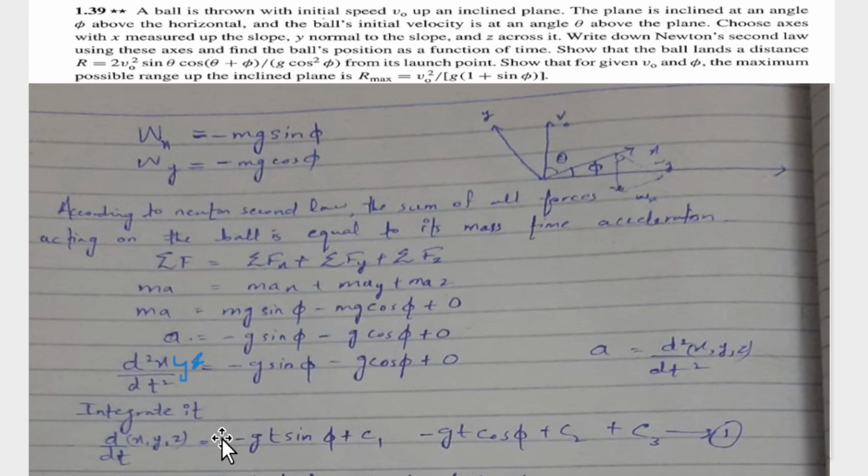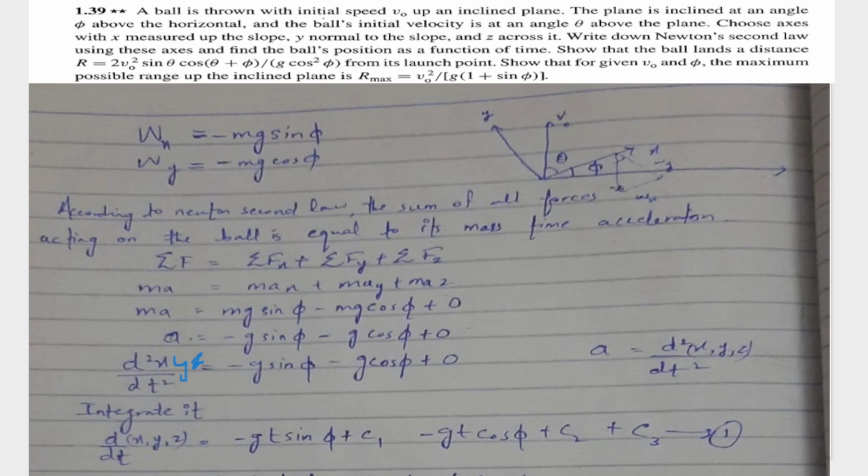Now you have to integrate it. After integrating, we'll get this. We integrate with respect to time, so these values remain the same. Make sure the angle will not change. So minus g t cos phi plus c2, and always when we integrate there is some constant, c3.